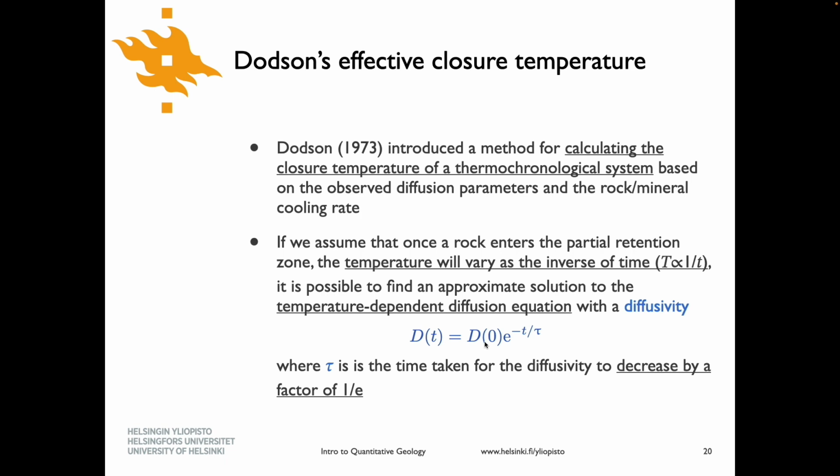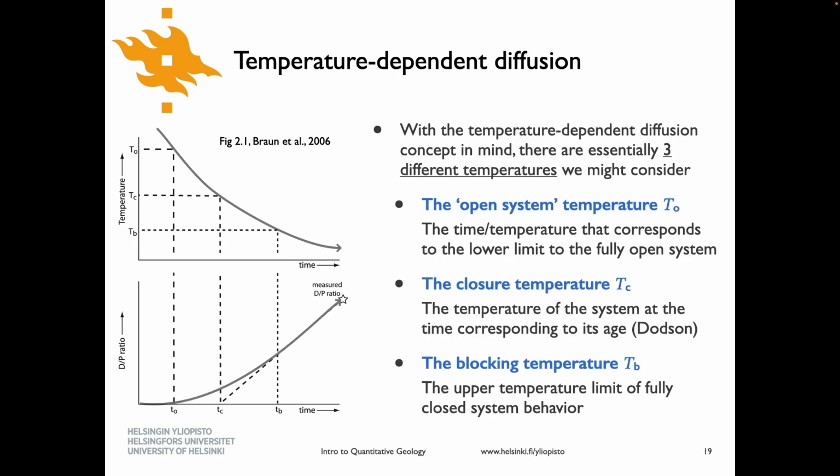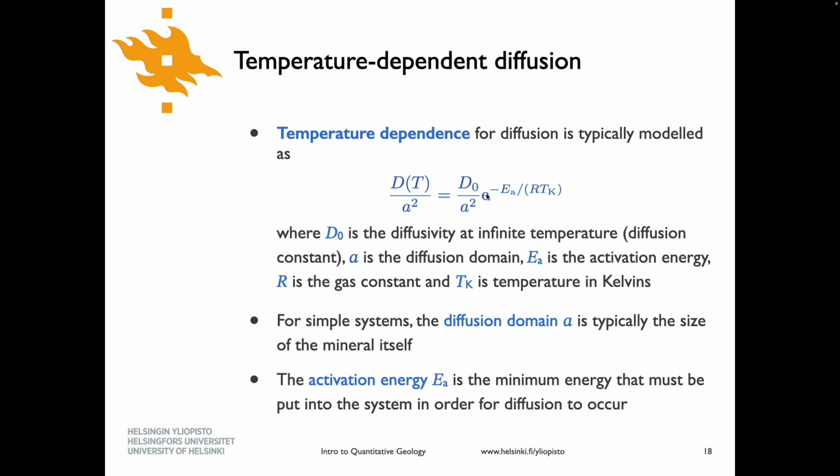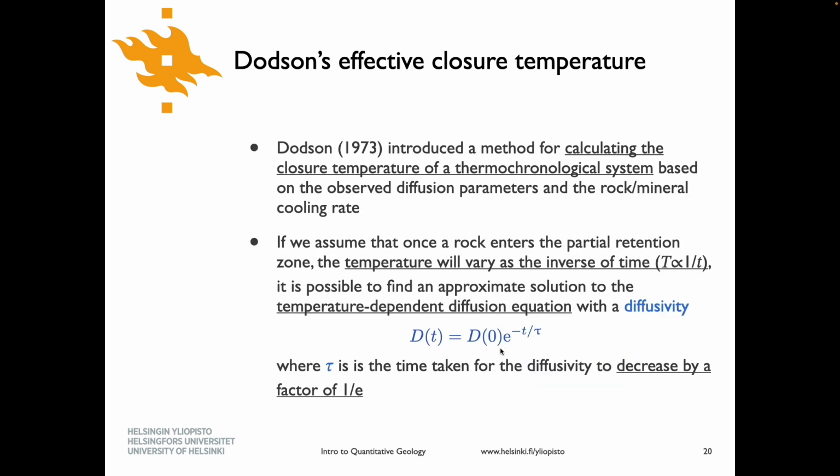So in essence, we basically have some diffusion as a function of time that is, again, some diffusivity at infinite temperature, this D naught. I don't think that's the same infinite temperature, but it doesn't really matter so much for our purposes here.